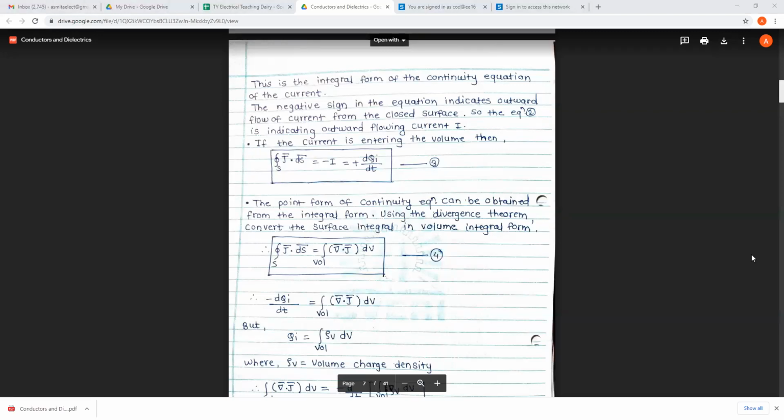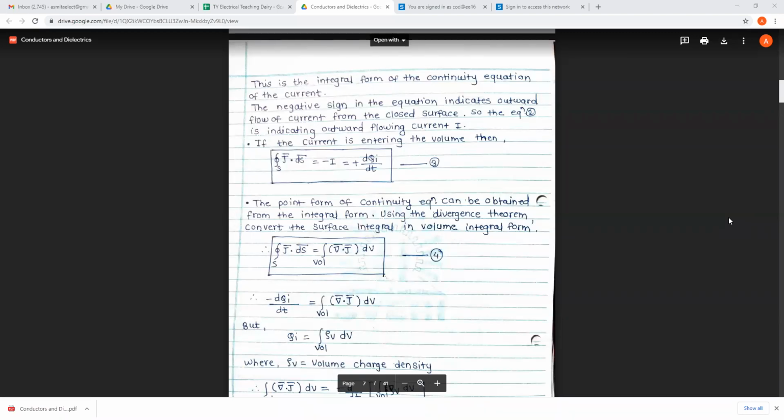When we place charges inside the closed surface, the current flows in the outward direction. But when we place the charges outside the closed surface, these charges produce current in the direction inside the closed surface, which is opposite to the previous one.